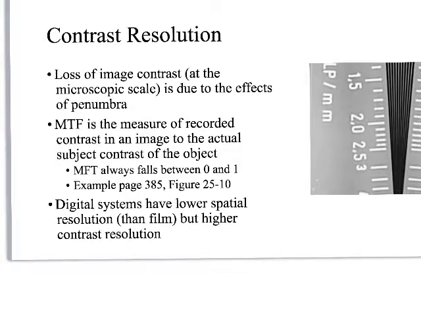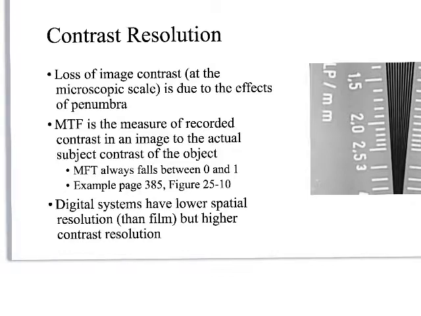This is due to the effects of penumbra, right? It's due to the effects of penumbra. As we're producing these images of objects within the patient's body, the objects are producing some penumbra. There's a shadow, actually, of the shadow that we're producing. So we use the modulation transfer function of the system to give us a measurement of contrast, right?